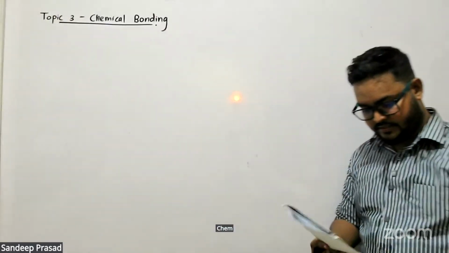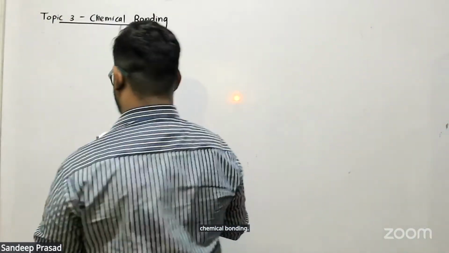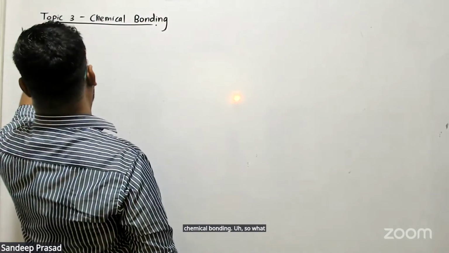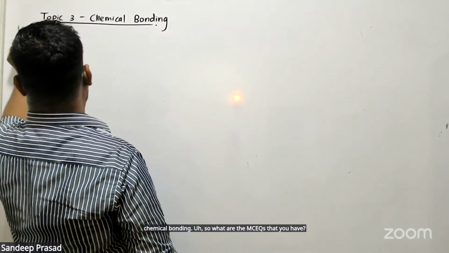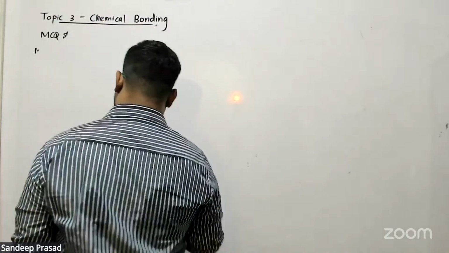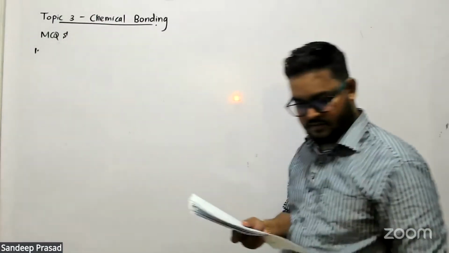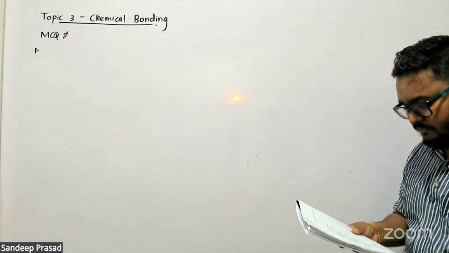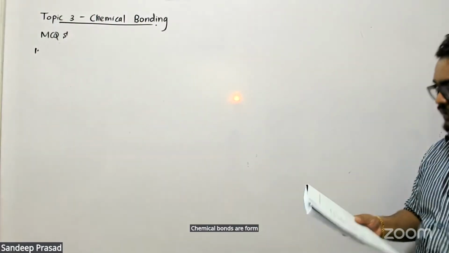Chemical bonding. So what are the MCQs that you have? Chemical bonds are formed due to what?